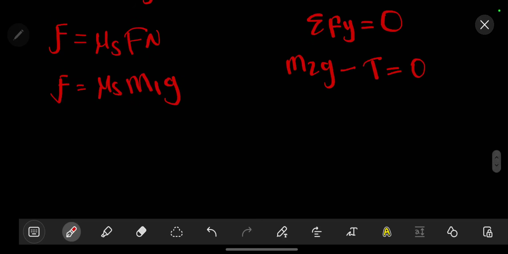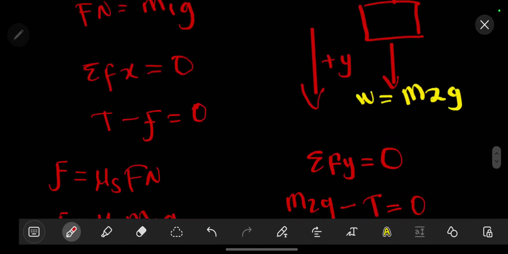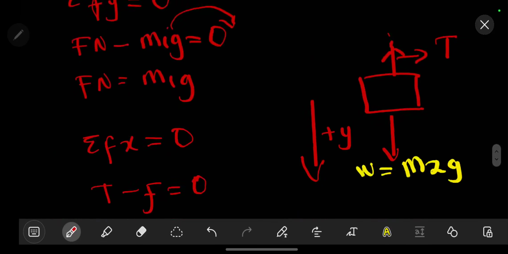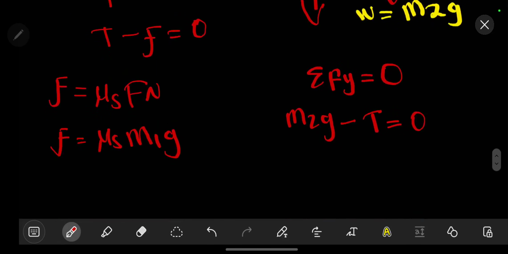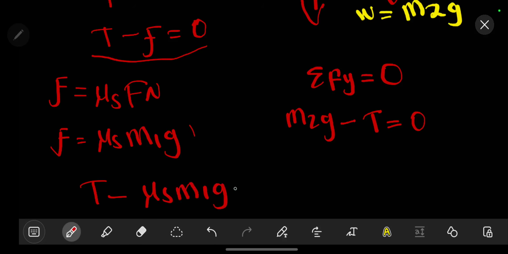If that's the case, this equation becomes tension minus mu s m1g should be equal to 0.